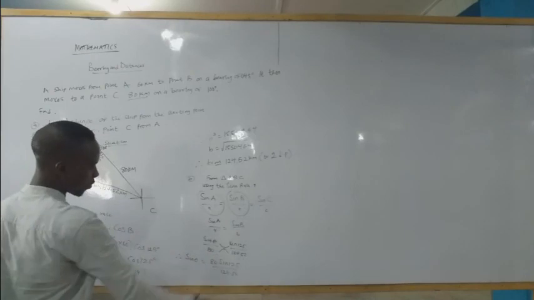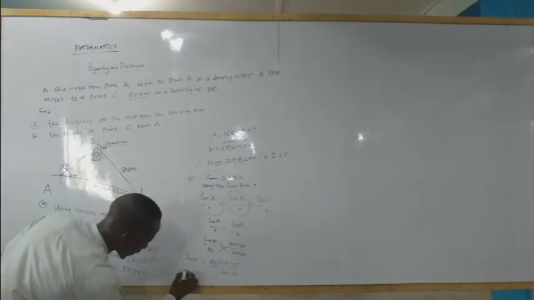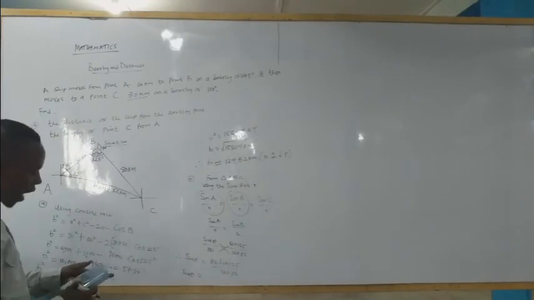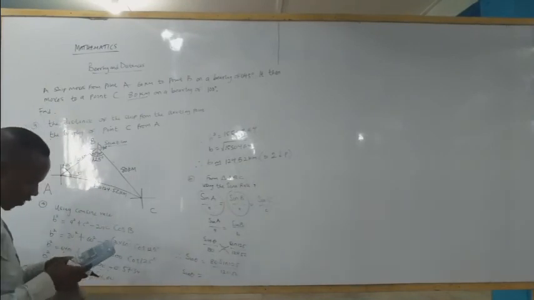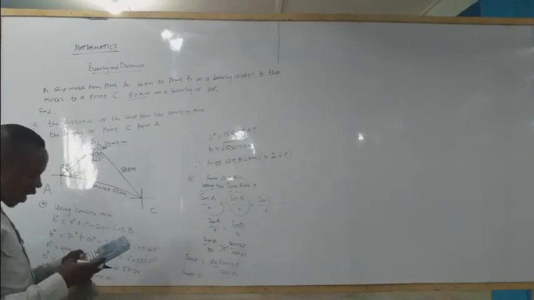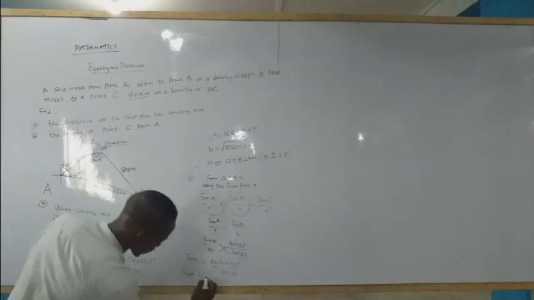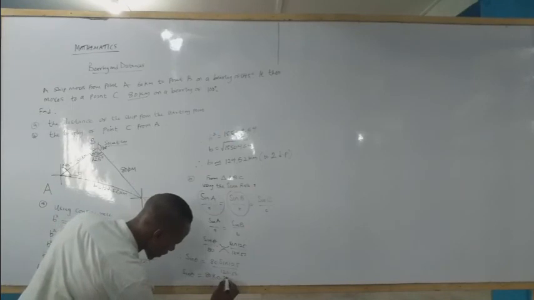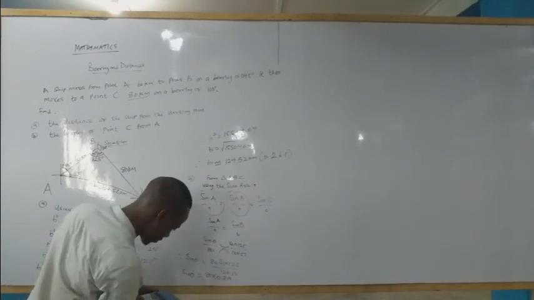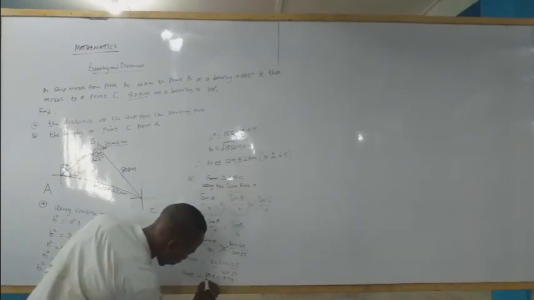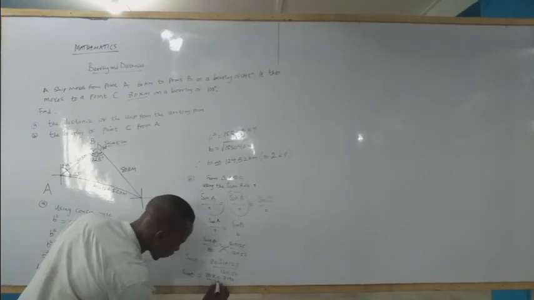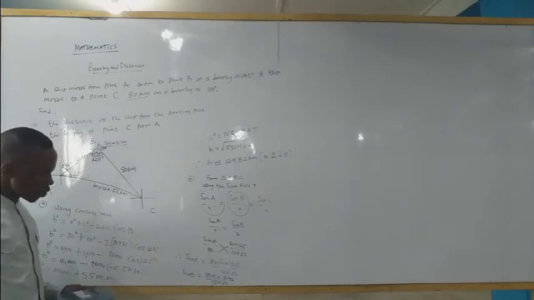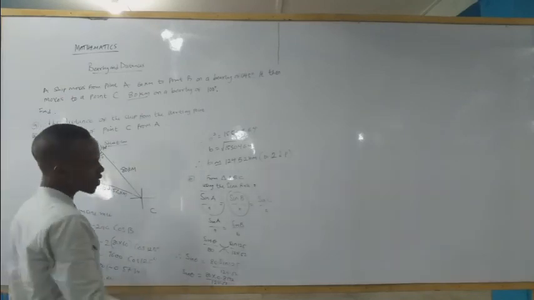So by computing this, sine 125 is equals to 0.8192. So we have 80 times 0.8192 over 124.52. So we compute this and we get sine theta.